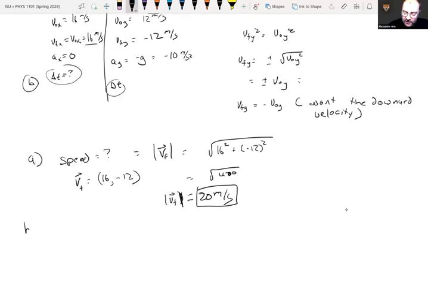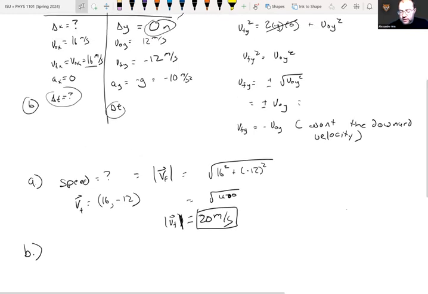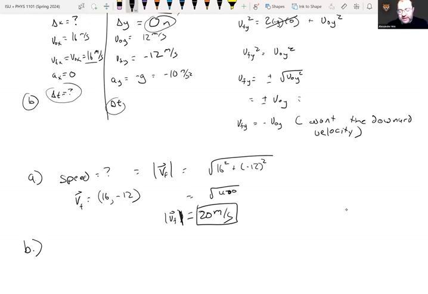Okay. And then for part B, the time. There are a number of different ways we could get to time with this, generally with the y column. With the x column, we'd need delta x to get to time, and we don't have that. We could find it, but we need to get to time before we could find it. So it's just easier to do this one. V final y equals a sub y delta t plus v initial y.